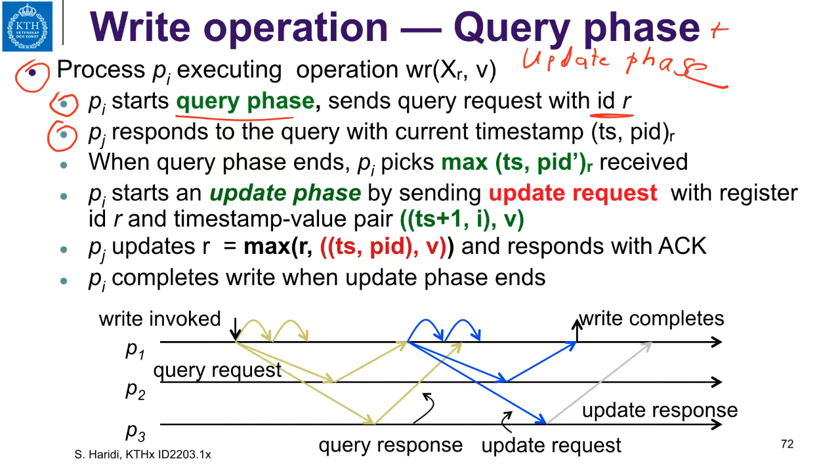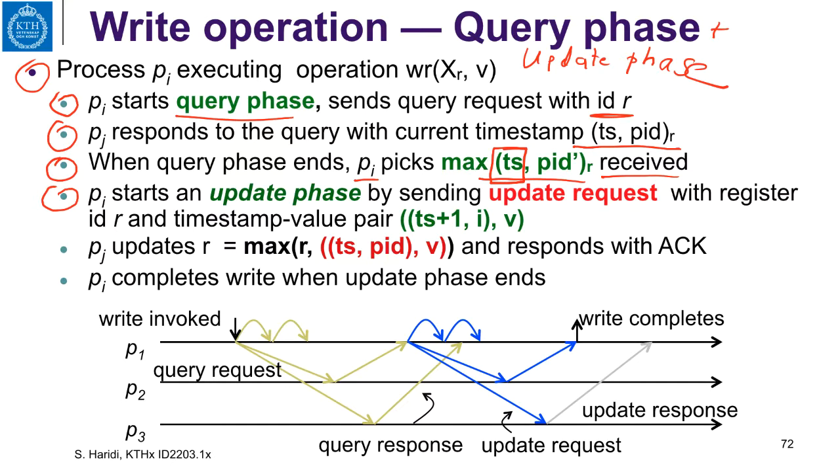Pj responds to the query with its current timestamp and PID that it has stored. When the query phase ends, Pi picks the max timestamp and PID received. This is the max one. And now the process starts an update phase. In the update phase, it takes the timestamp, increments it, and adds its own process identifier.